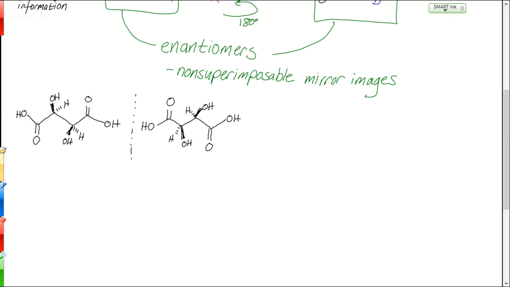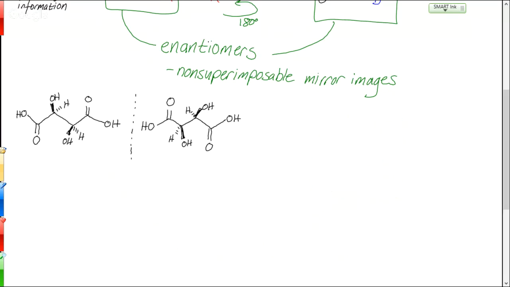All right. Do you see how that's exactly opposite? How those two are as though one is looking in the mirror at the other one? So everything has a related one on the other side. So they look pretty similar. But the question is then, are they actually the same or not? Are they superimposable?